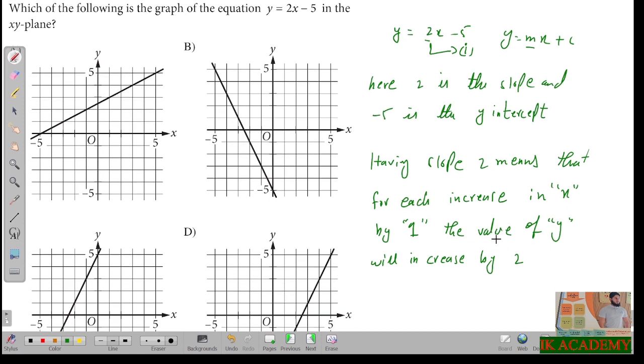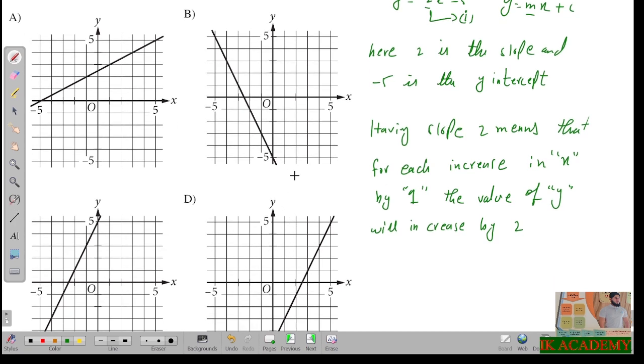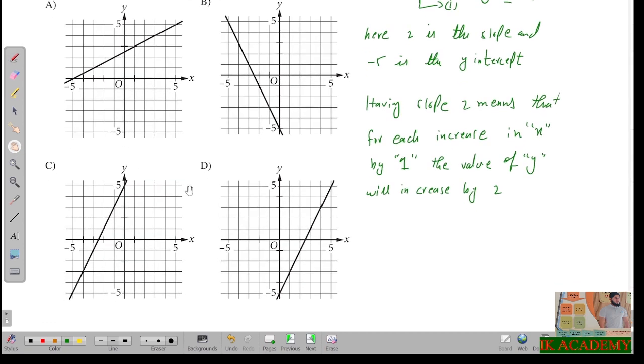So by looking at the equation, we have minus 5 as the y-intercept and we have the positive slope. So if we critically see the values, here we have y-intercept equal to minus 5, and in option D we also have y-intercept equal to minus 5.